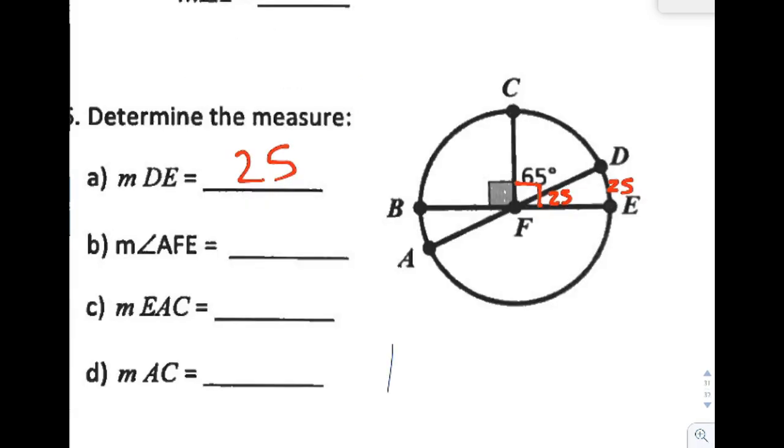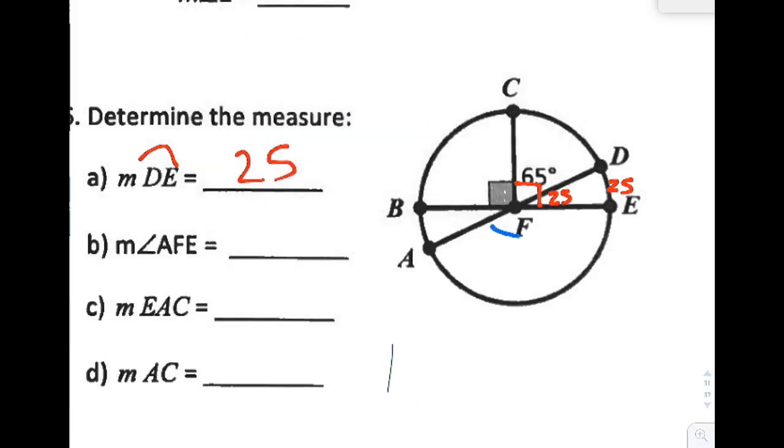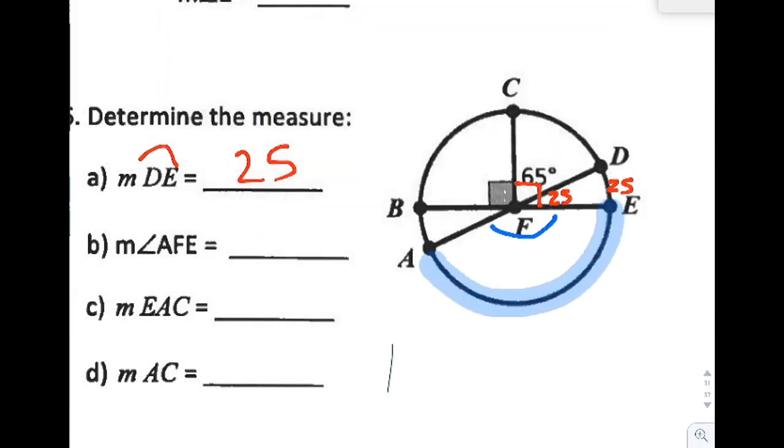Okay, right away we see the right angle, so there's one on the opposite side also. 65 and 25 are complementary, so that has to be a 25-degree angle, and since it's from the center, DE is a 25-degree arc. Angle AFE is this arc right here, or that angle which leads to the same arc out here. Because we have a diameter going through the middle there, 180 minus 25 will be this answer right here.